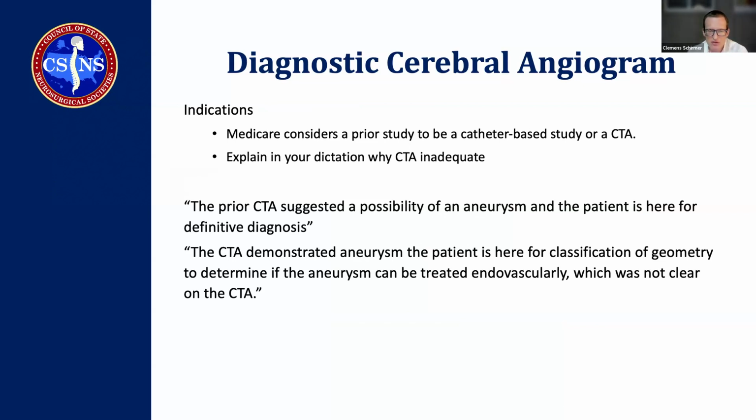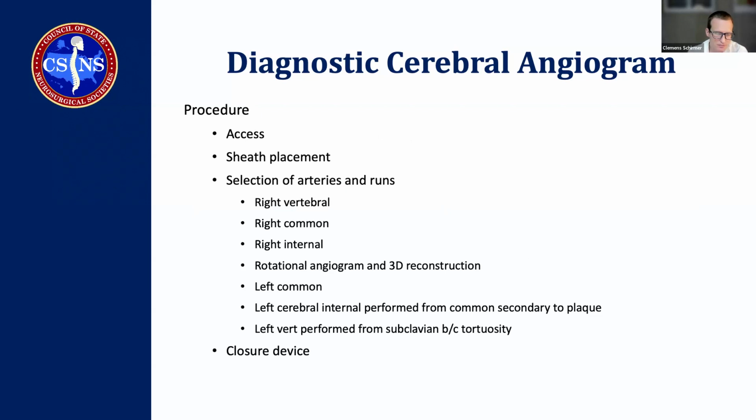So you have to explain in your indication for the procedure why that CTA that may exist from just 2 hours ago is not relevant enough to give you all the information that you need. There are, of course, a lot of clinical reasons why that may be, but you have to be a little bit explicit about this.